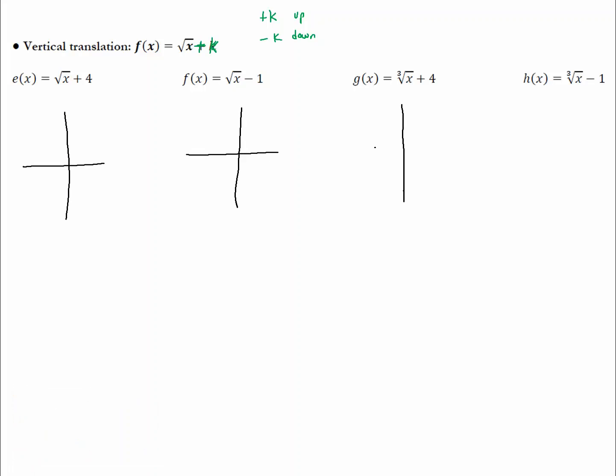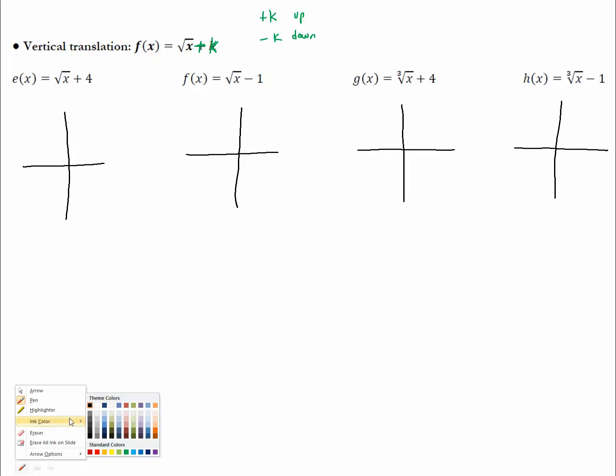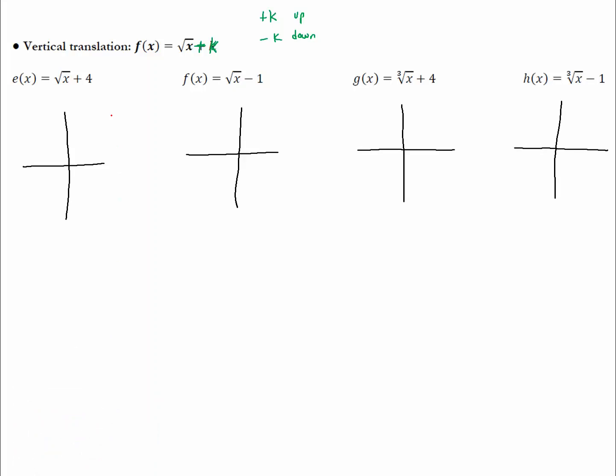All right, here I go. Plus 4 means we went up 4 units. 1, 2, 3, 4. This point is 0, 4. And it's the square root of x.